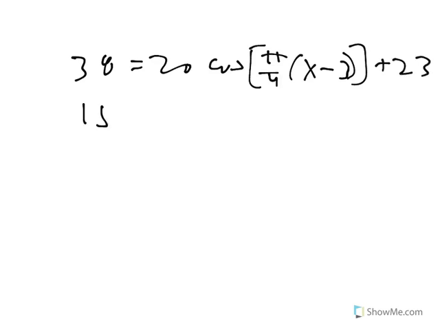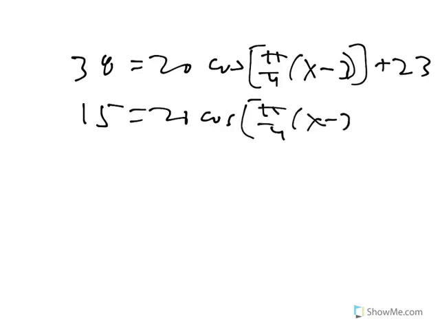By subtracting 23 from both sides, then dividing both sides by 20, 15 over 20, I can reduce that, divide both by 5, so I'll just write 0.75 equals cosine.